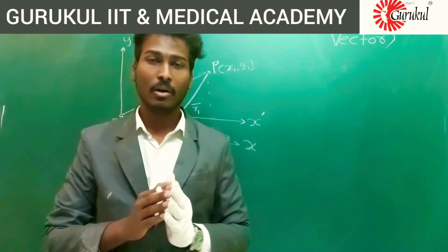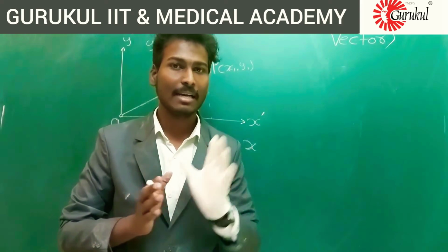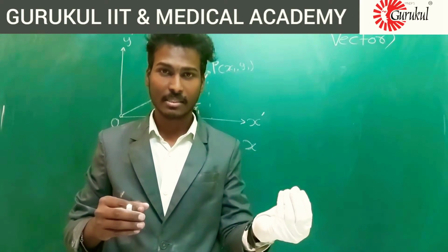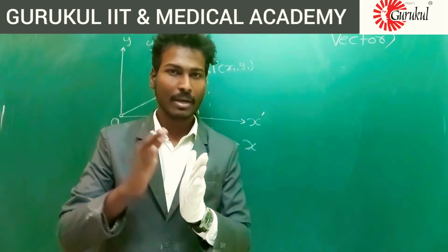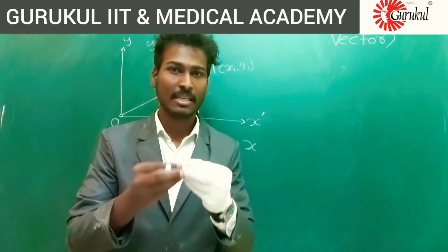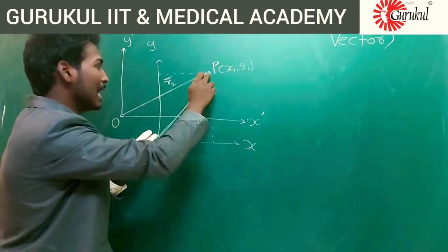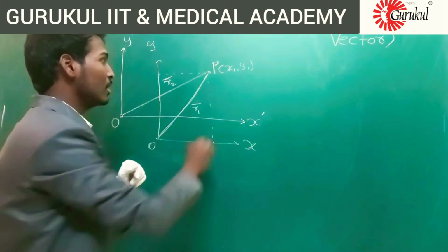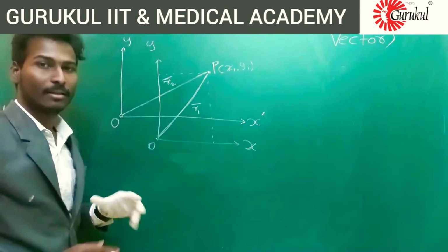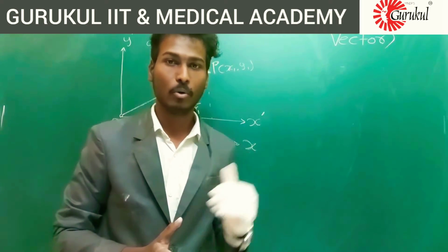That means even without changing object or point P, without changing its position, if we change the Cartesian plane, then definitely our position vector will change, because a vector has magnitude as well as direction. If we change magnitude or direction or both, or any one of the aspects, the vector changes. So r1 bar was the initial position vector, and when we change the Cartesian plane, the new vector becomes r2 bar. That means our position vector depends on the Cartesian plane. Note it down.